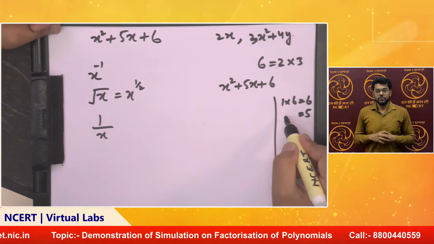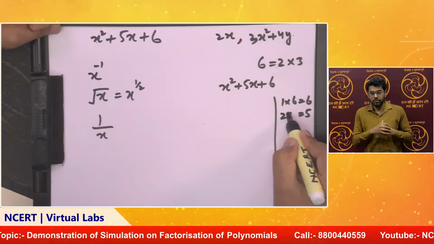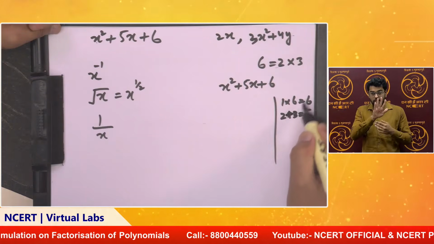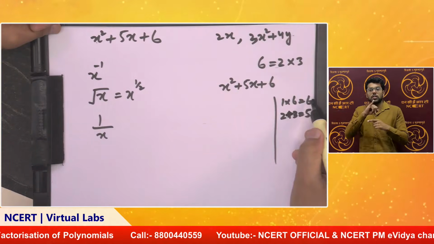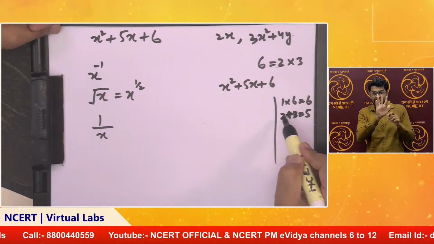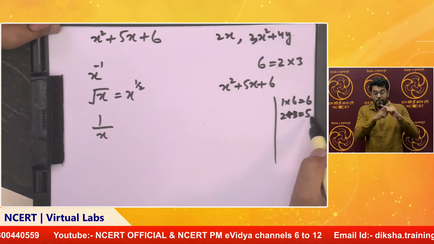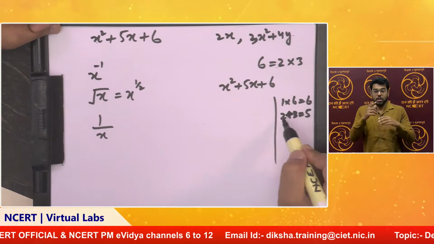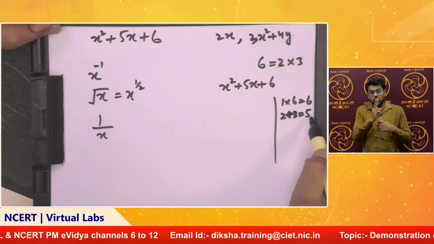So I can find two numbers, 2 plus 3 equal to 5, and 2 into 3 equal to 6. In this way we have to break this 5, in such a way that the multiplication of those two numbers is equal to 6, and the addition or subtraction of those two numbers is equal to the middle term.